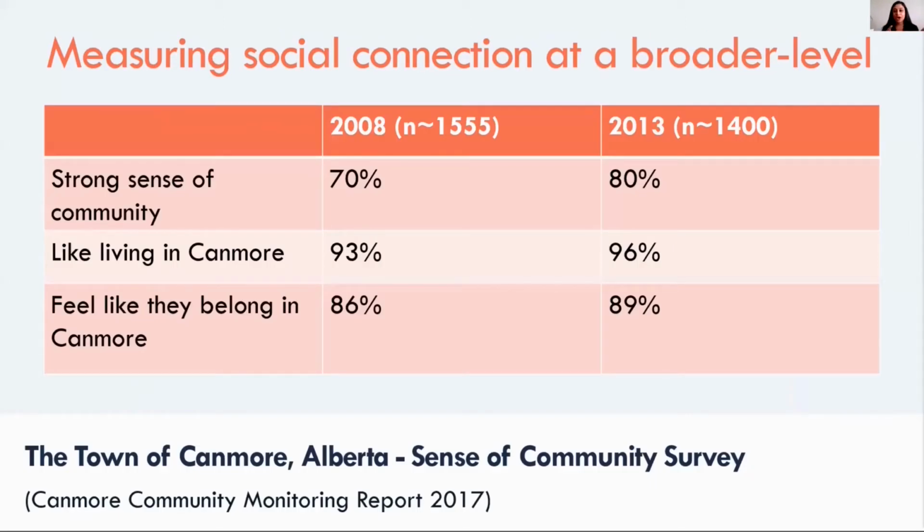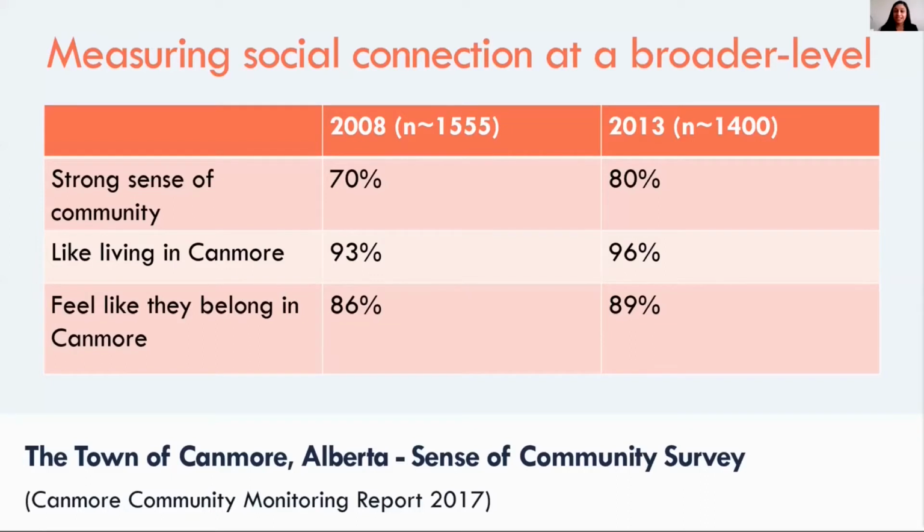And so I also want to contrast that with this example of measuring social connection at a broader level. So in Canmore in Alberta, they conducted a sense of community survey as part of their community monitoring program. And in 2008, 70% of responders indicated that Canmore has a strong sense of community. And this increased to 80% in 2013.